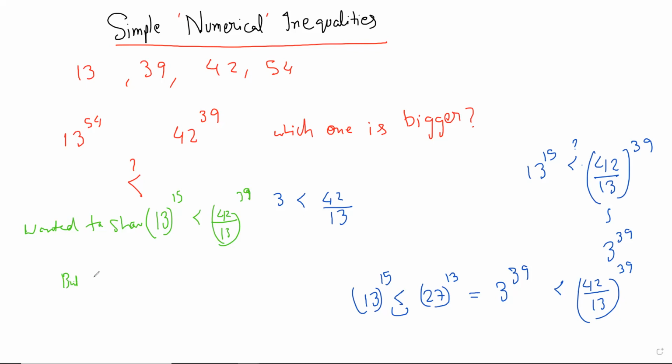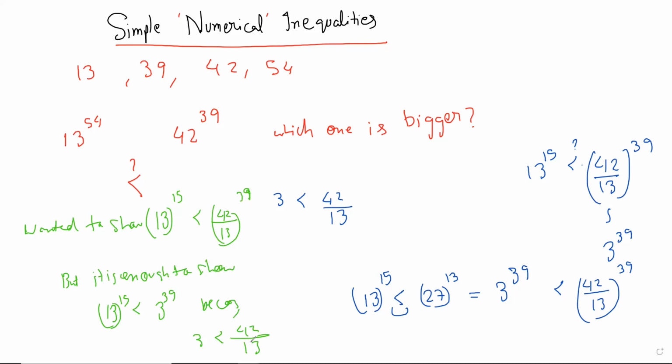But it is enough to show that 13 to the power 15 is less than 3 to the power 39, because 3 is less than 42 by 13.